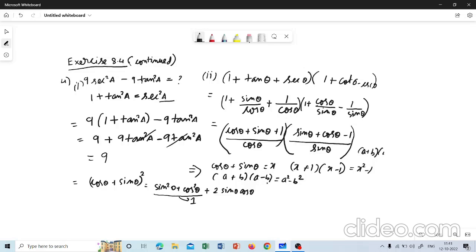So I can write this whole numerator as 2 cos theta sin theta plus 1. Since this is x square, then it is minus 1 here.